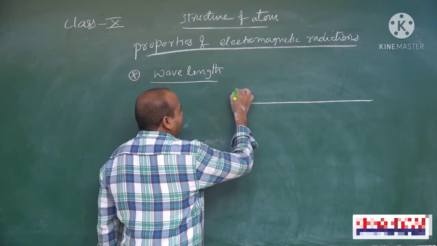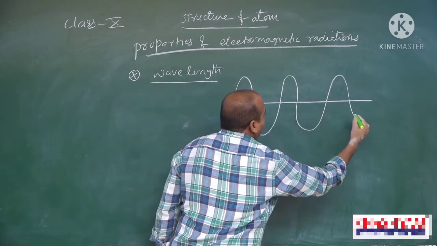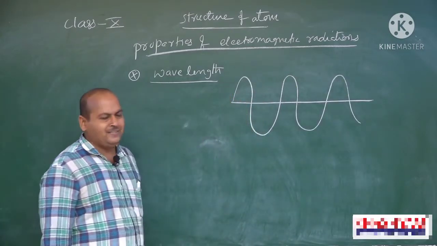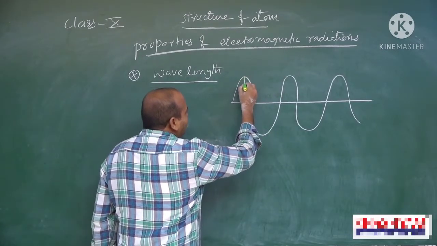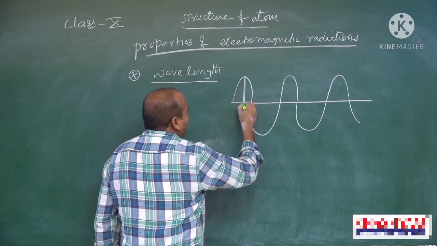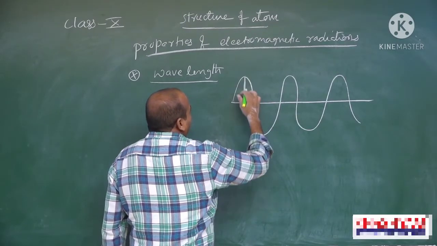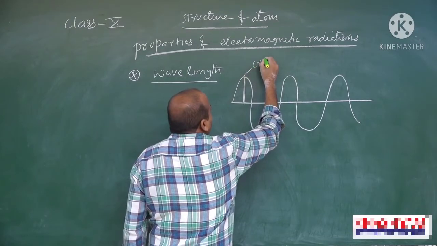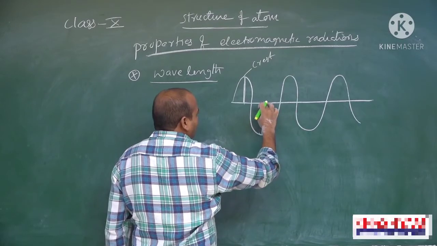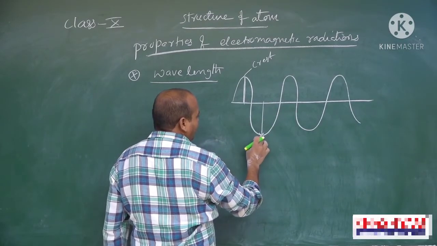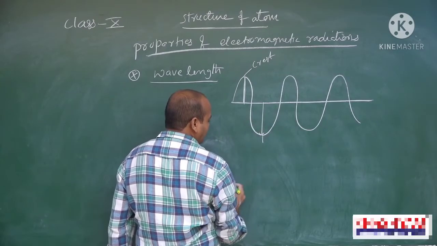If you take the vertical component, traveling like that or transmitted like that, the height of the upward displacement is called the crest. The downward displacement from the direction of propagation, the peak of the wave in the downward direction, is called the trough.